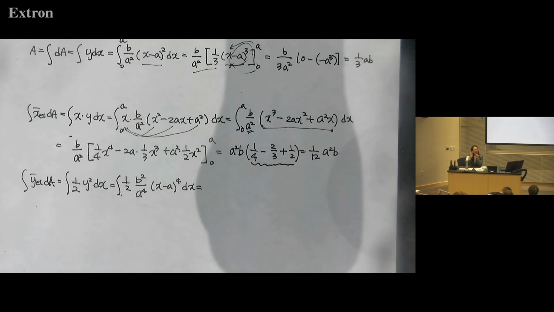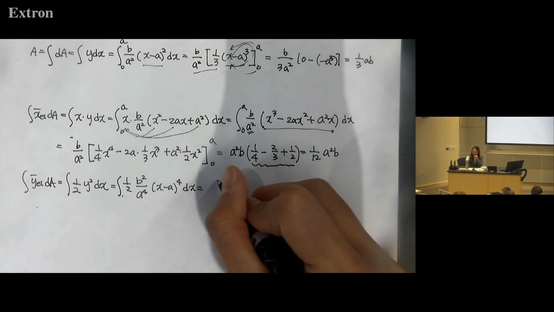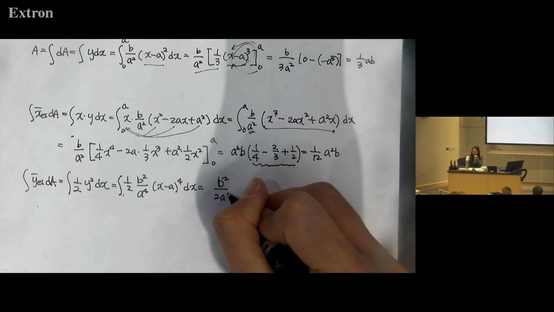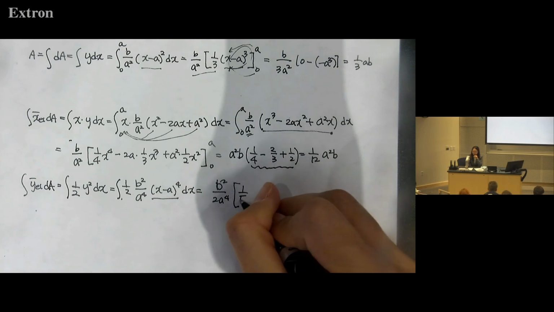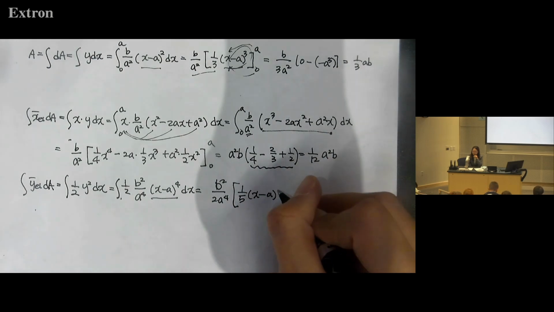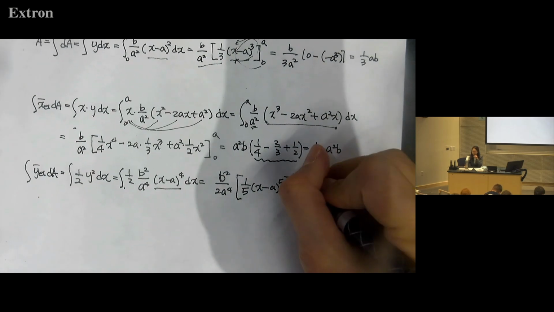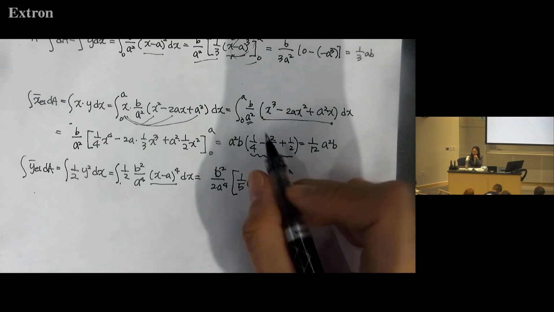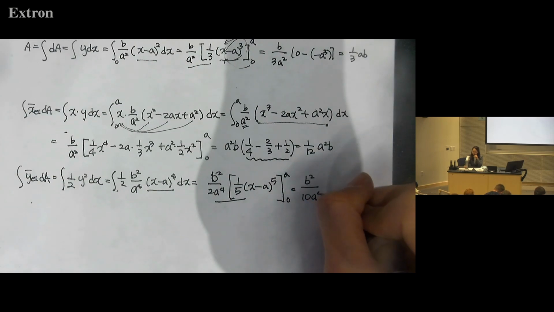And then the last one, you check the answer. So here, 1 b squared over 2a to the fourth, and then the integration of this, 1 over 5 x minus a to the fifth. And then I saw some of you got up to this point. Great. And then now the coefficient, so b squared over 10a to the fourth.